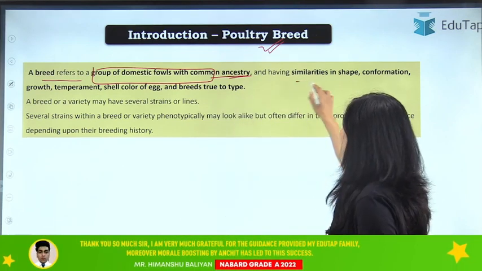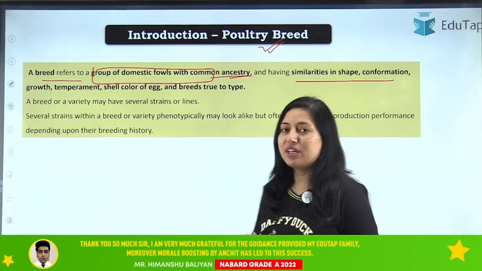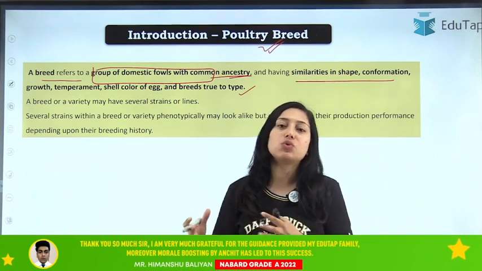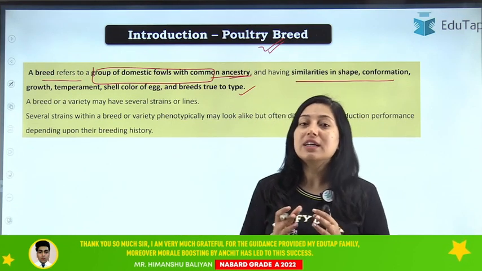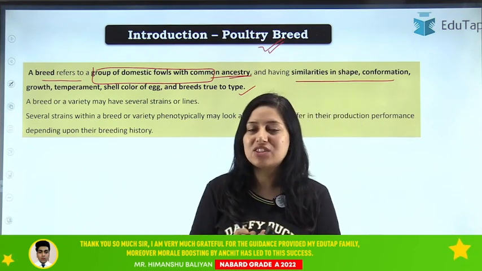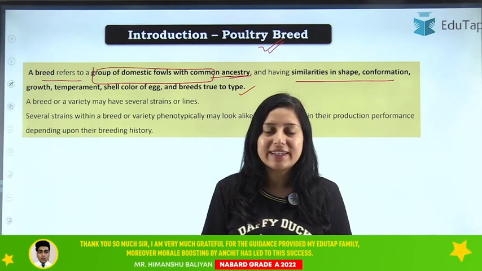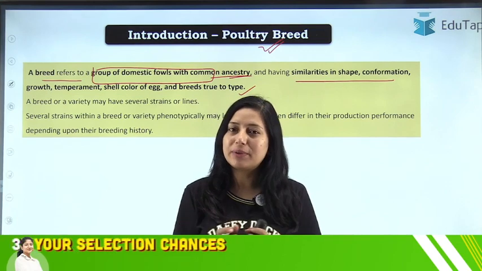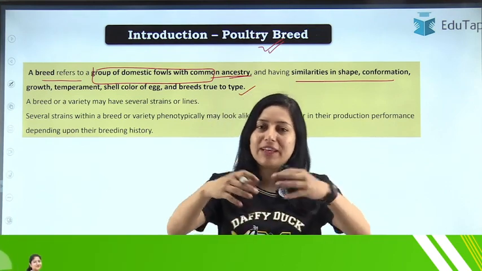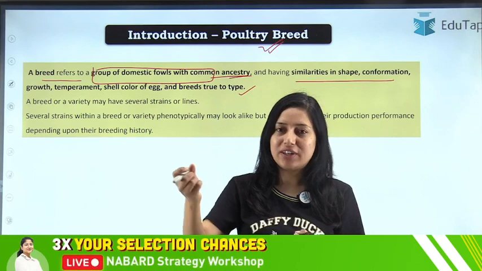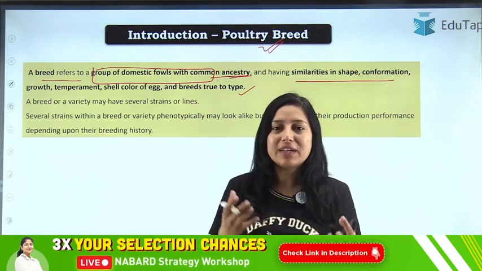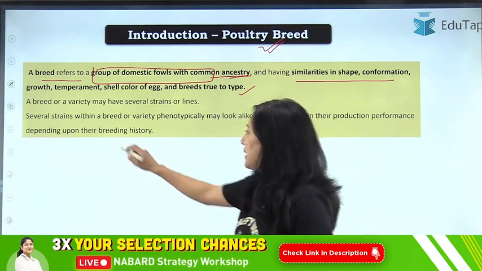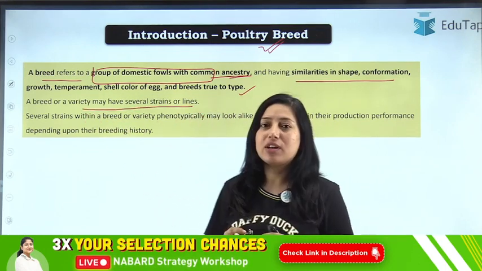And also they have similarities in shape, growth, temperament, shell color, body types, and the breeds are true to type, meaning they all have the same ancestry, the same similarities, and the color of the eggshell will be the same for all the breeds, right? So basically when a group of fowl have common ancestry and similar characteristics, that is referred to as your breed. Clear? And a breed or variety may have several strains or lines.